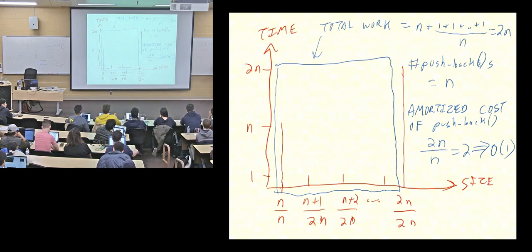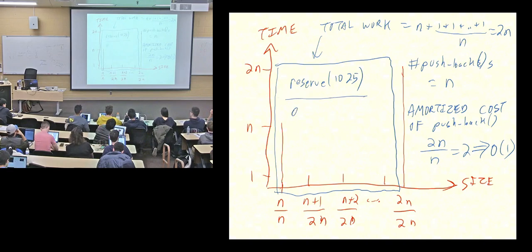Where does the reserve really win for us then? In memory, right? What if I say I want a reserve of 1025? Well, then I get exactly the right size. But if I don't do the reserve, I go from 0 to 1 to 2 to 4 to 8, up to 1024, up to 1025 out of 2048.